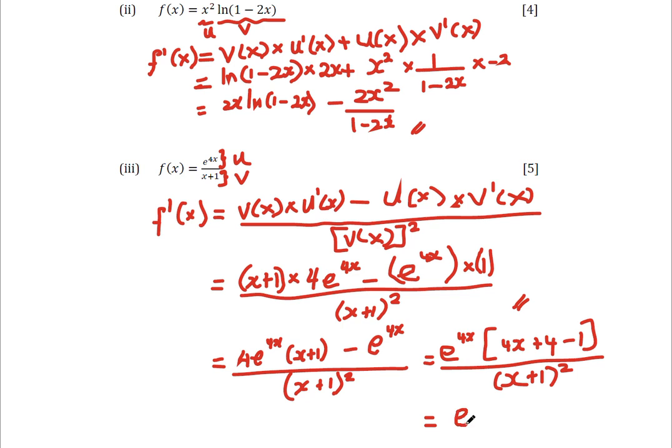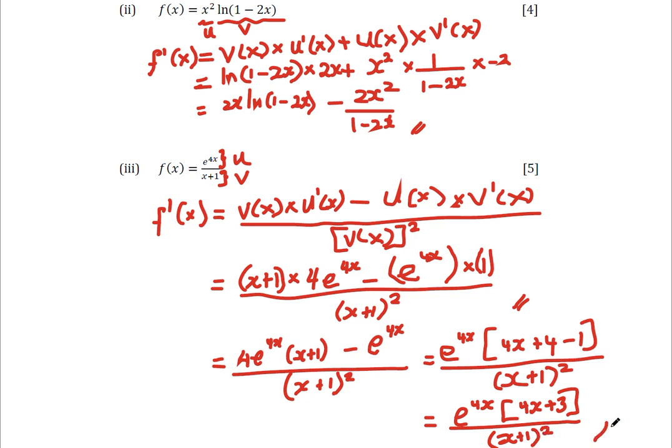And by further simplification, this will become e to the 4x into, now 4x plus 4 minus 1 would just be 3, all divided by x plus 1 all squared.